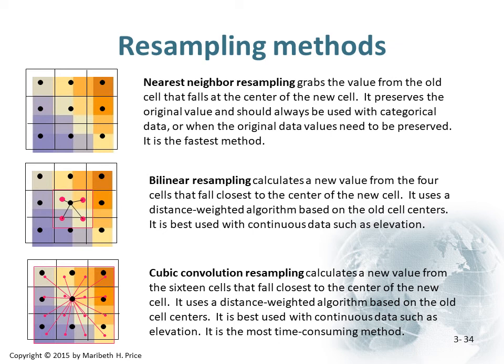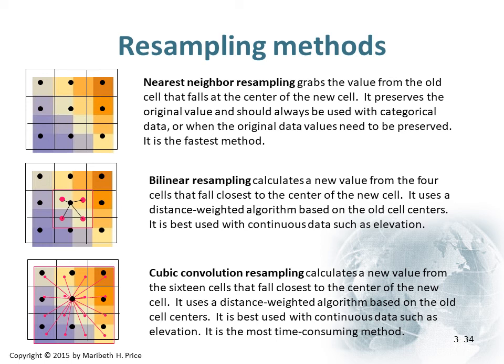Bilinear is a little different. It starts off at the center of the new cell and identifies the four closest centers of the old cells, and then it calculates a distance weighted average to figure out what the new value of the new cell is in the new data set.